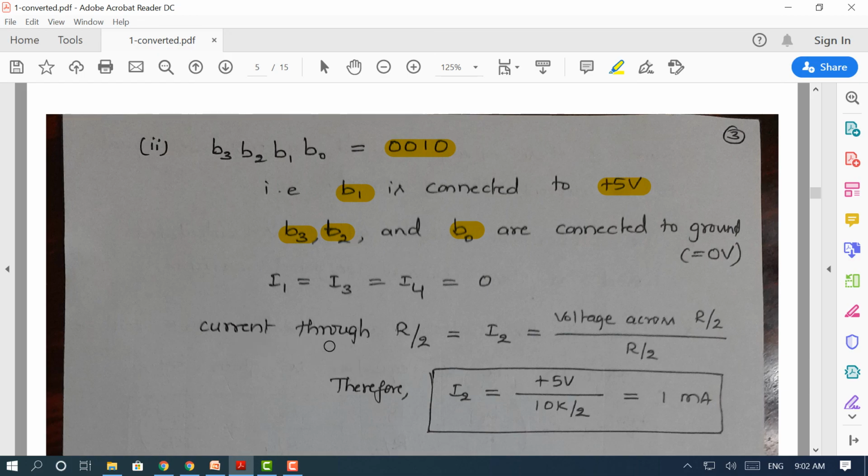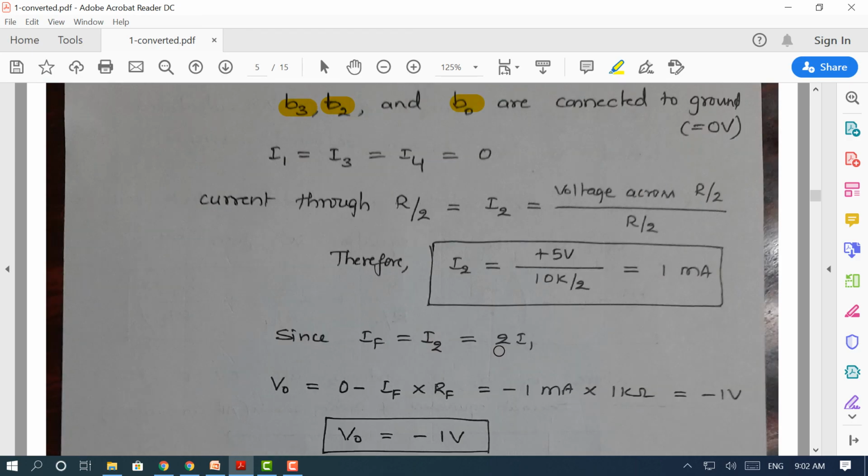Now the current through the second branch, tied to 5 volts, where the resistor is R by 2, let us call I2, which is equal to the voltage across R by 2 divided by the resistor value R by 2. The voltage across R by 2 is plus 5 volts and the resistor value is 10k by 2, which gives me 1 milliampere current.